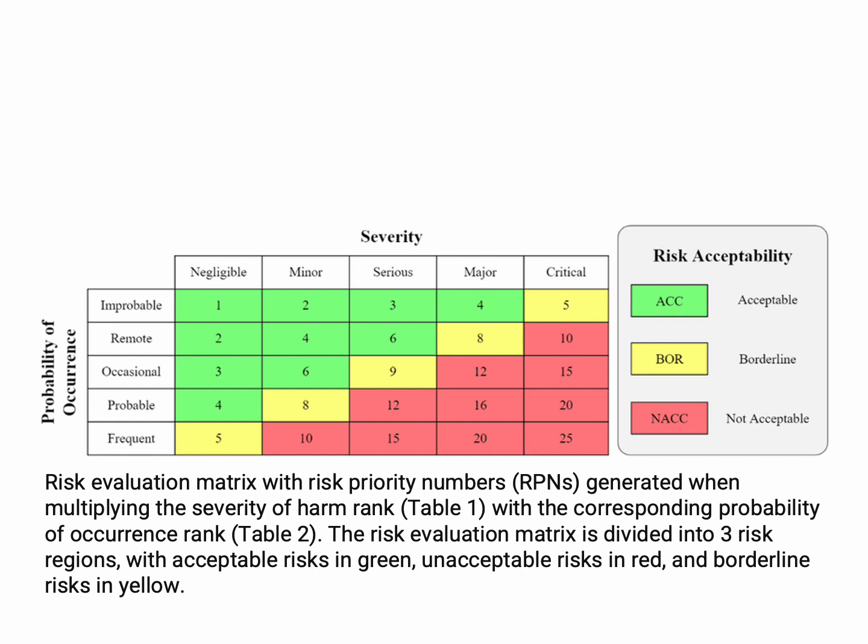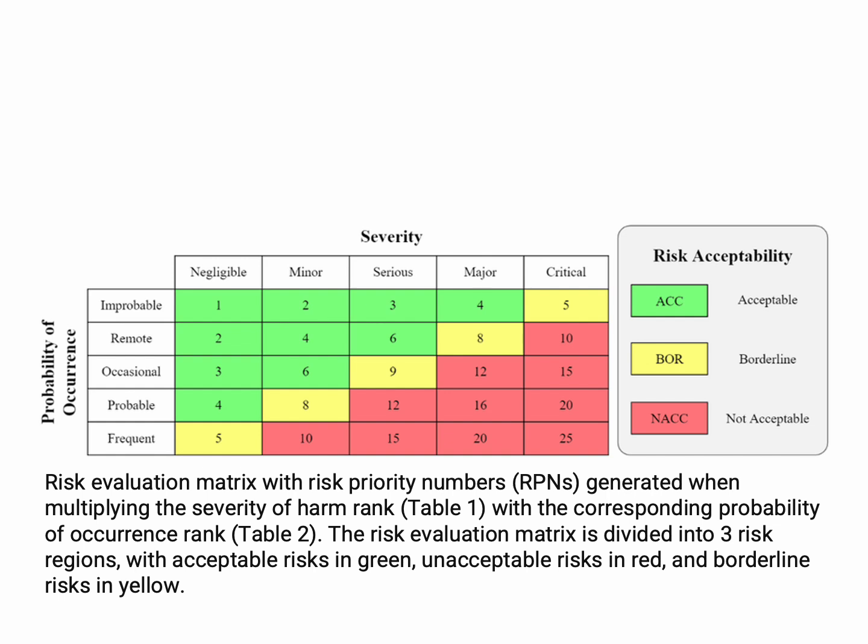But if we see that there is a frequent risk or probability of occurrence for a critical issue in the device, here we give the number 25 that you can see on the table on the left, and then you go to the row frequent and the column critical, you see number 25. This is not acceptable. So this is a risk evaluation matrix that we establish for each medical device.